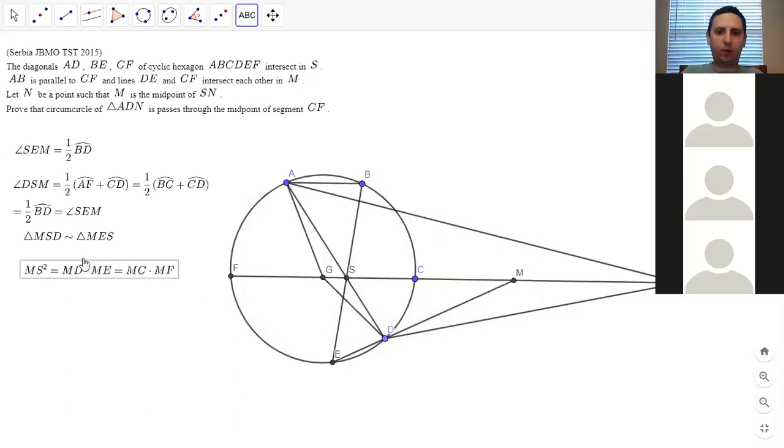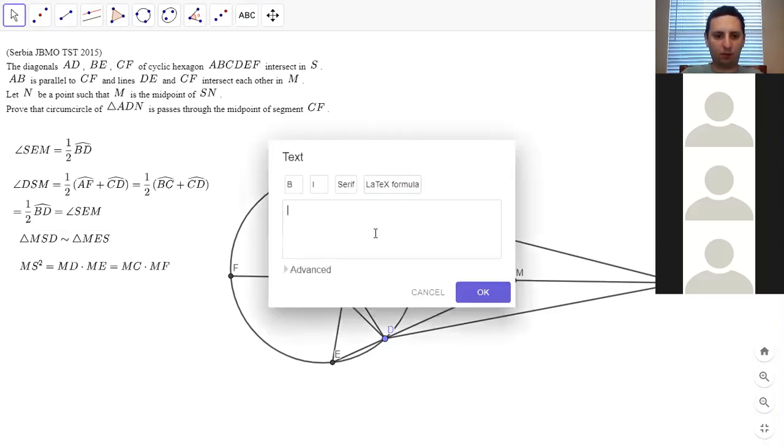And if MS squared is MC times MF, then by that well-known fact, so we've used it on this channel a lot, but if that's true, then since M is the midpoint of SN, that means N, CF, S, and N are in harmonic conjugation.